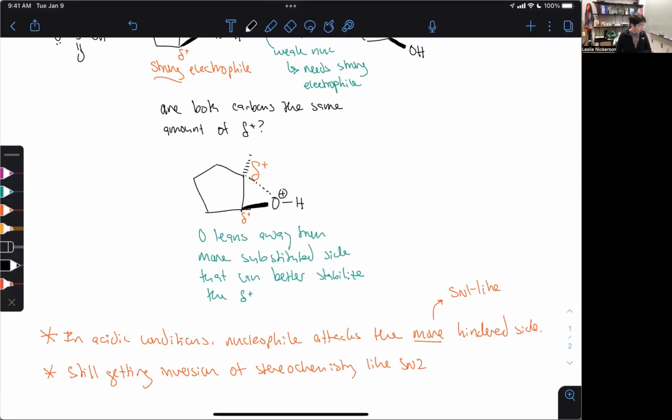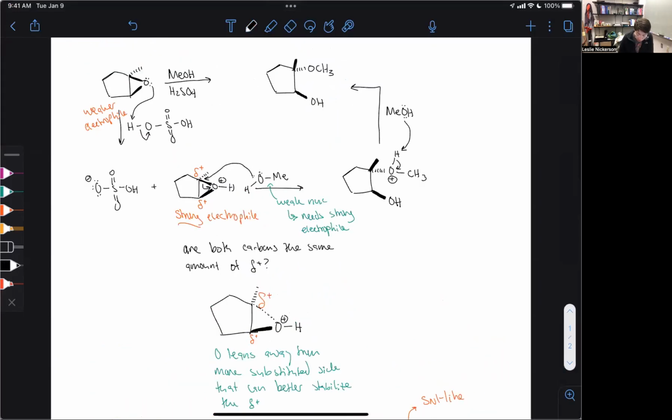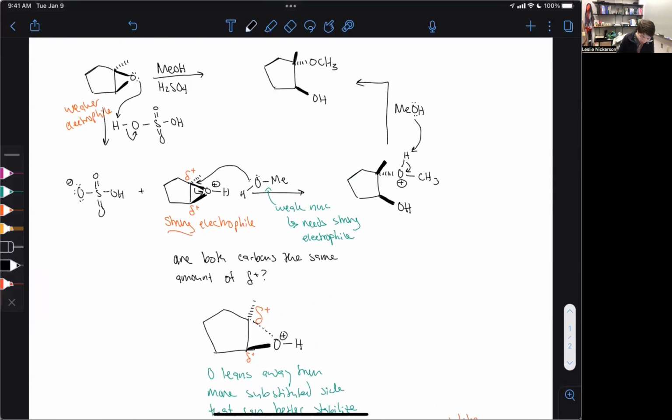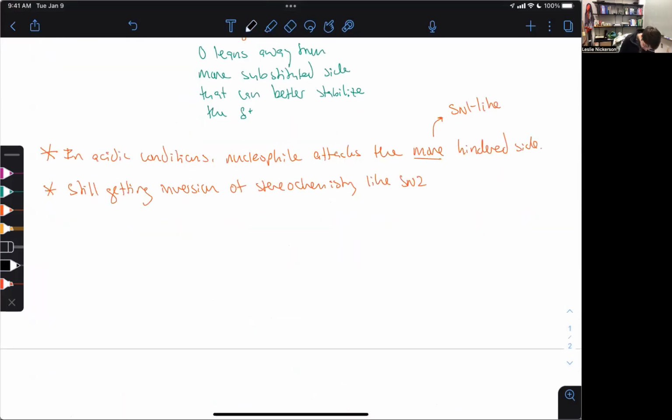Okay, so one thing that I did not talk about, though, that we need to address is why I am using sulfuric acid and not something else.